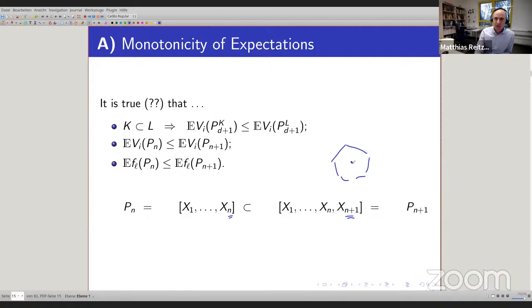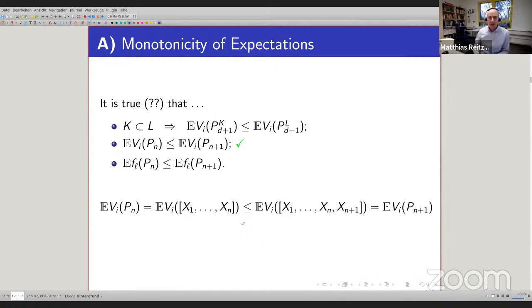If your additional point is inside, nothing happens. And if the additional point is outside, then Pn is increasing to Pn plus 1. That's quite clear. So you have a certain set inclusion here. And this set inclusion clearly increases all the intrinsic volumes, and it also increases the expected intrinsic volume. So this thing here, this is clear. This monotonicity property is really elementary.